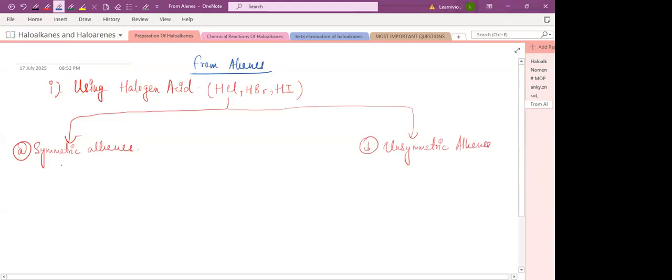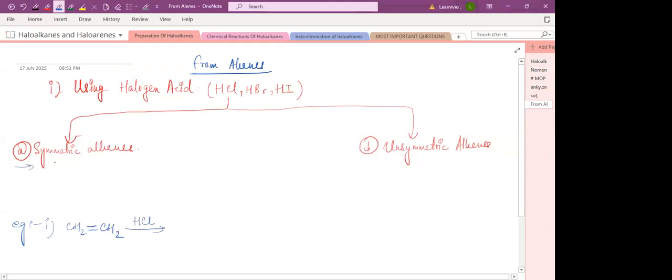Now, if the alkene is symmetric, for example CH2=CH2, ethene. Okay, so you can see over here, this is a symmetric alkene. So when you treat the symmetric alkene with HCl, let's see what you are supposed to do.